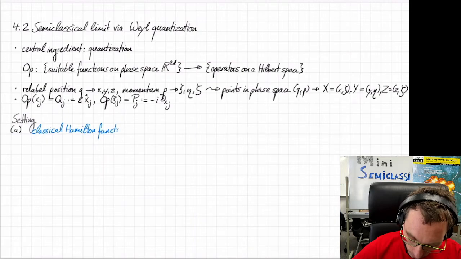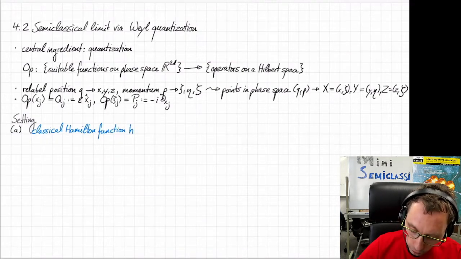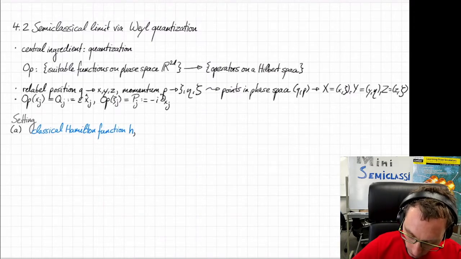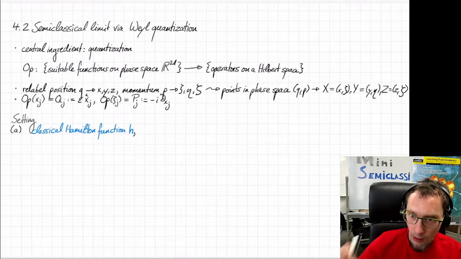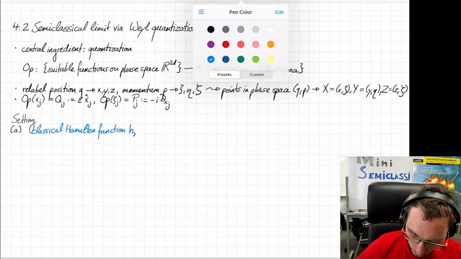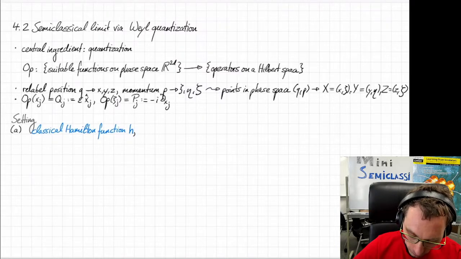And this is small h. I'm going to use small letters for objects from the classical universe, and then I'm going to use capital letters for the associated operators on the quantum level. So associated to this classical Hamiltonian, you have a quantum Hamiltonian.